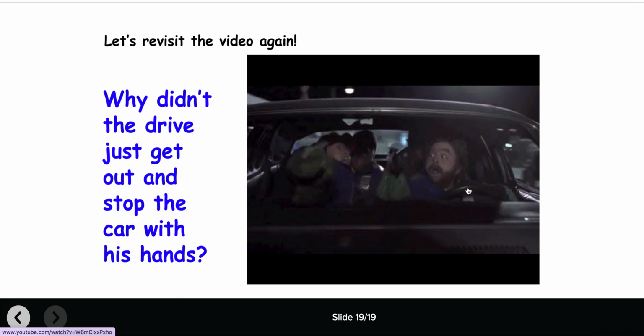Well, now after going through everything about momentum and velocity, we now know that if our little actor friend here, Zach Galifianakis, were to get out of his car and be crazy enough to try to stop the car with his bare hands from spinning, he would just get plowed over because the car has more mass.